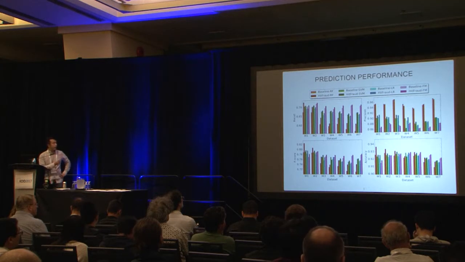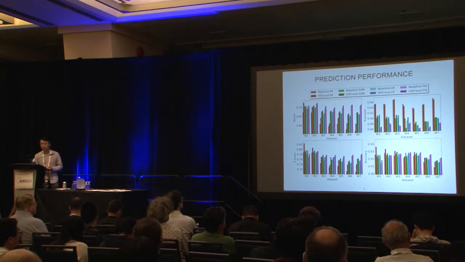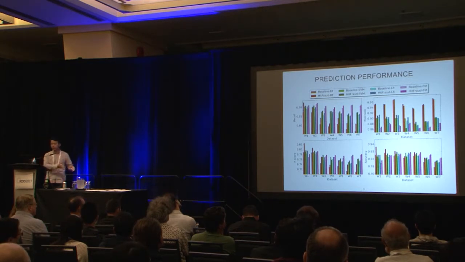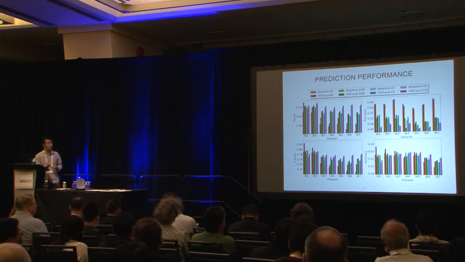We can apply this idea with different types of underlying machine learning algorithms, including random forest, SVM, logistic regression and factorization machine. For example, let's look at the leftmost columns, the 2 columns in each subfigure. This compares our algorithms with the baseline using random forest as the base classifier.